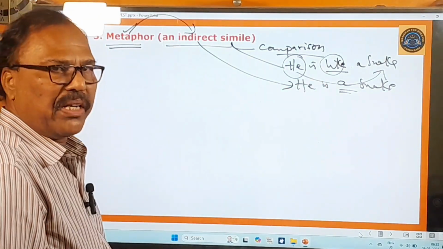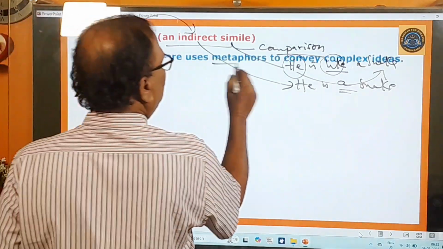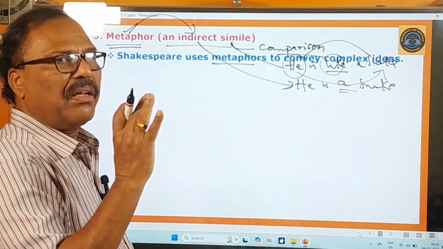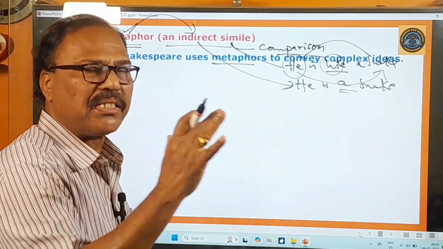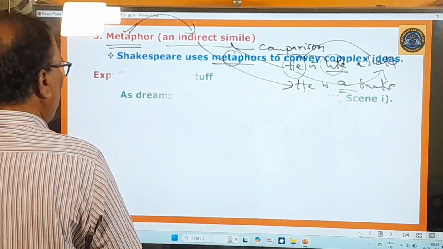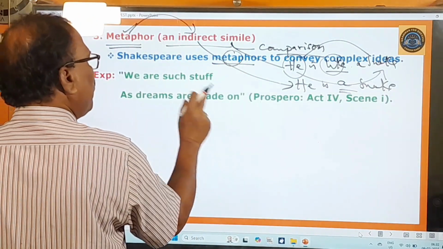Let me give you one example to make you understand this. Shakespeare uses metaphors to convey complex ideas, critical ideas, tough ideas. He has made use of these metaphors. And one example I would like to give you here: "We are such stuff as dreams are made on."